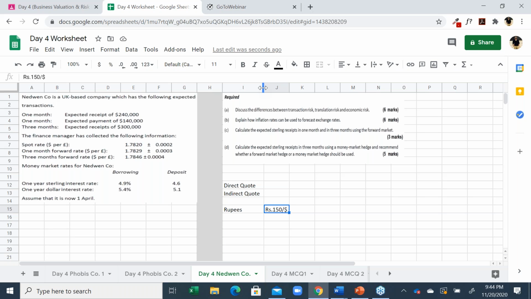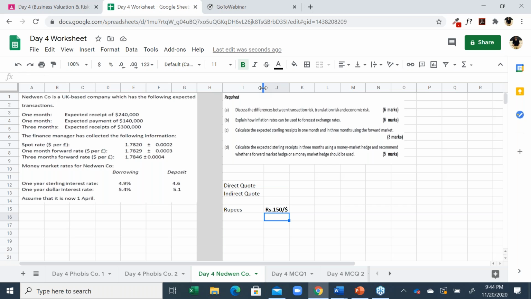But the same quote is indirect for a US company. If they are told that against $1 they will get 150 rupees, for them it will be an indirect quote.